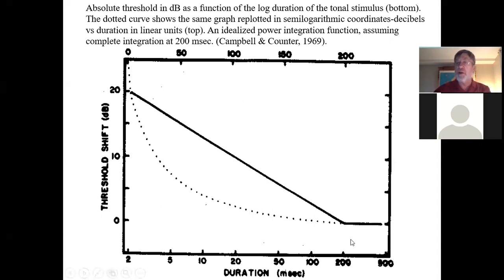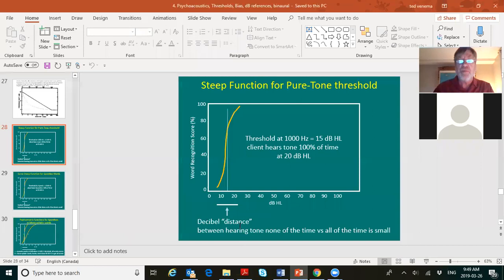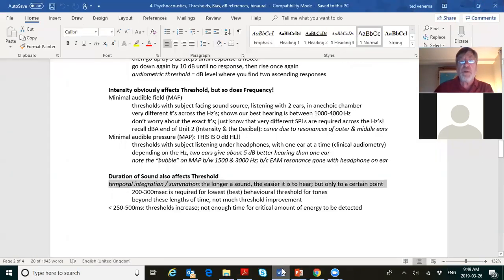Below about 200 milliseconds or 300, whatever, below about 1/3 or 1/5 of a second, you're going to need more intensity to just barely hear that tone, because your body just doesn't have enough neural capacity to grasp the presence of a split second type of tone. That's all we're talking about there. Get it? Good. All righty. Next page. That's all that it says here.